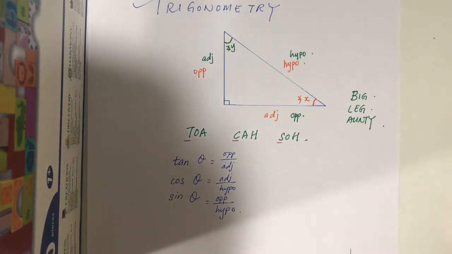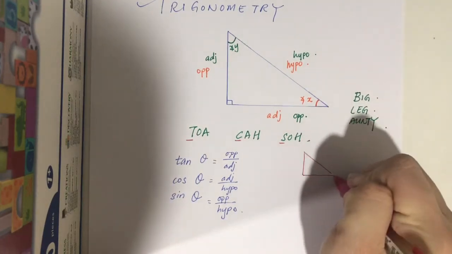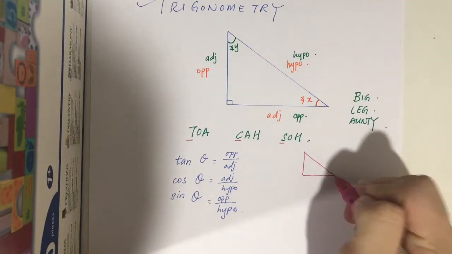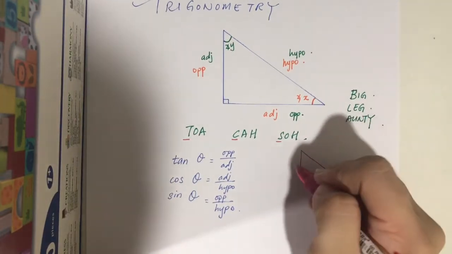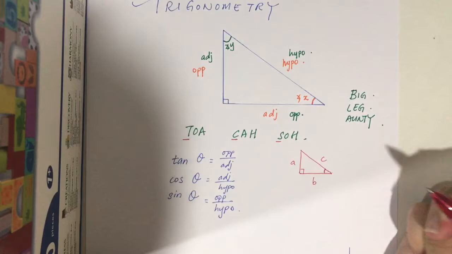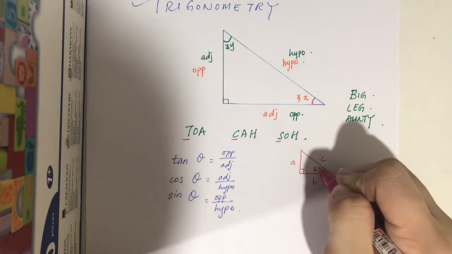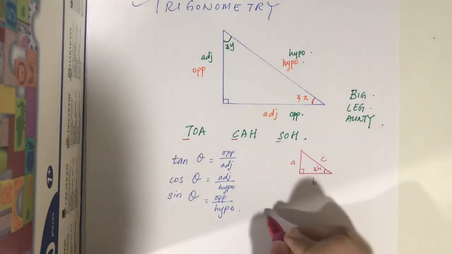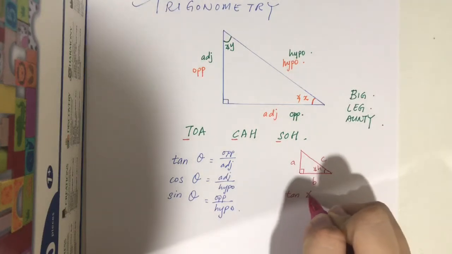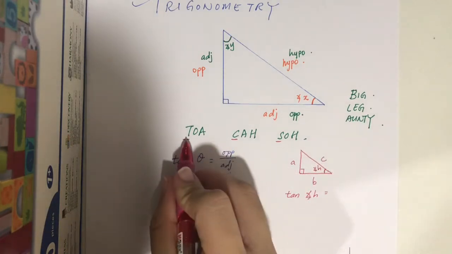Taking an example, let me sketch out one example. If this is the right angle triangle A, B, C, and these are the lengths, and this angle is H, for example. If I want to find tangent of angle H, it is opposite over adjacent, TOA.